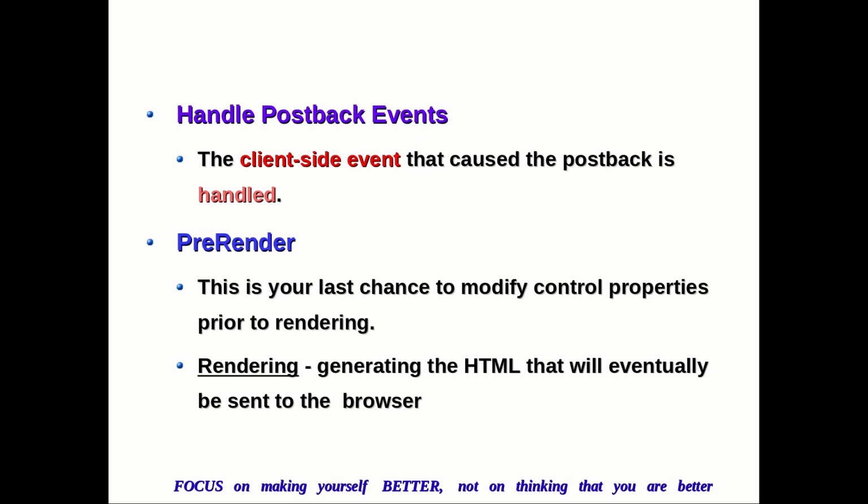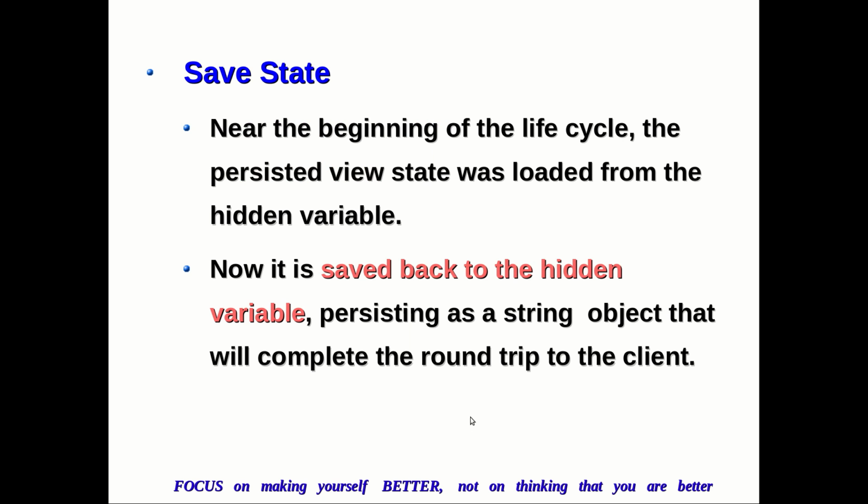Rendering is generating the HTML that will eventually be sent to the browser. So before it creates the last HTML page, if any control properties are to be modified, all those things can be done in the pre-render event.